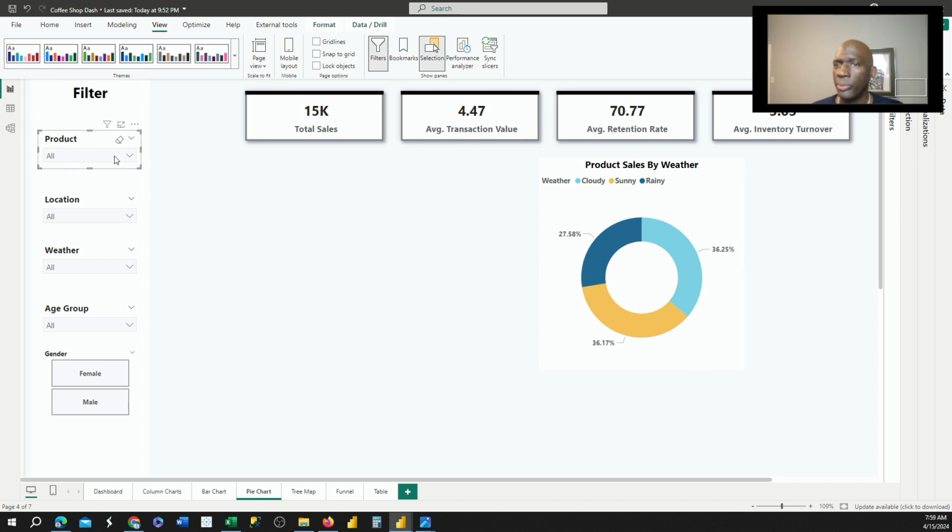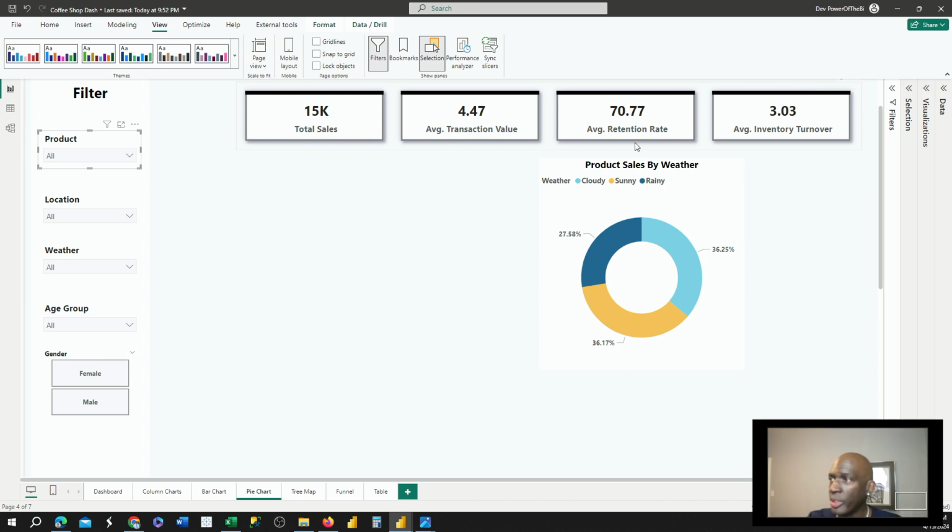So now with all the products in all locations, in all weather patterns, in all age groups, we see that we have 15,000 sales, an average of 4.47 transaction value, and 70.77 retention rate, which means we're keeping customers, with 3.03 inventory turnover.